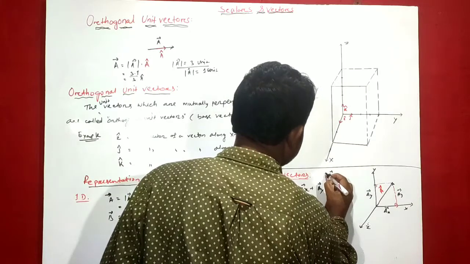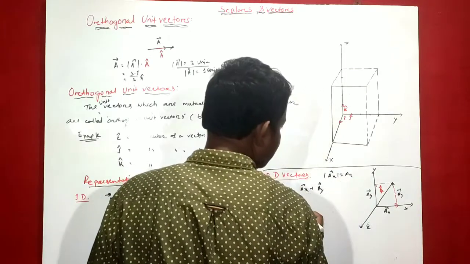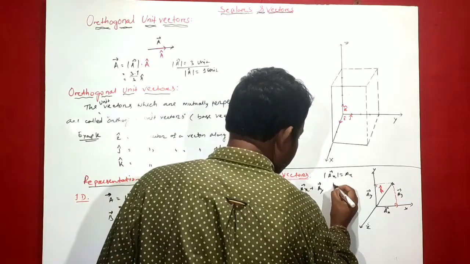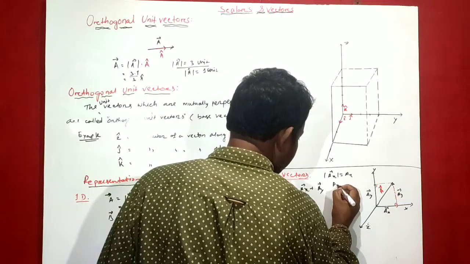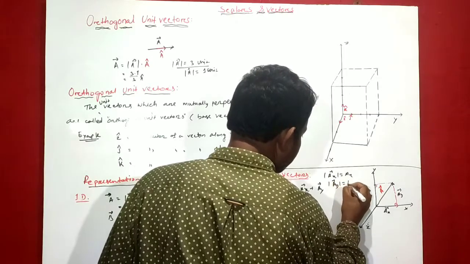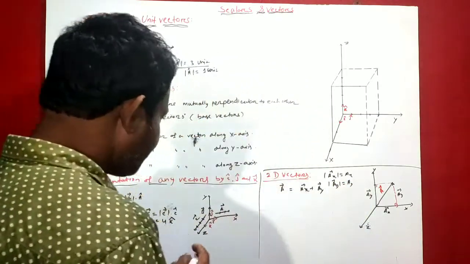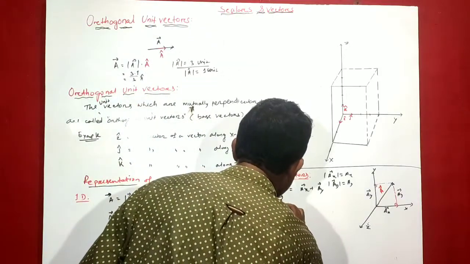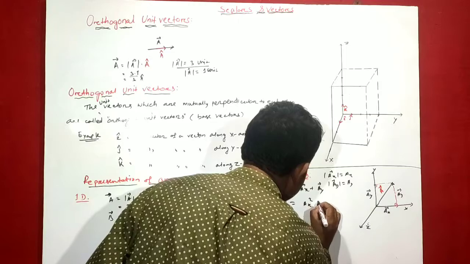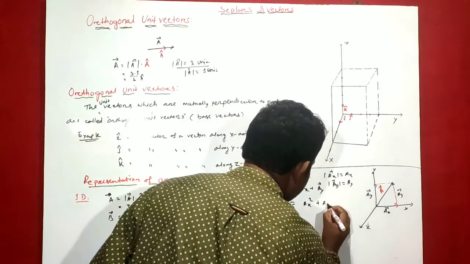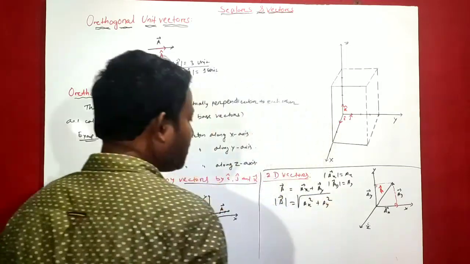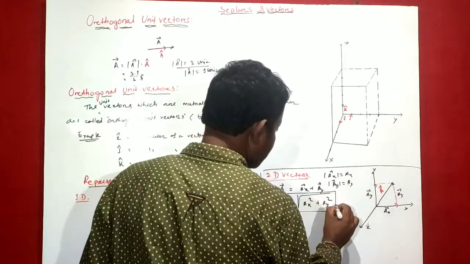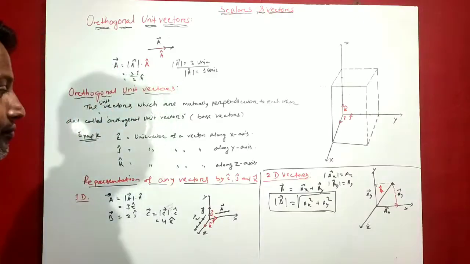Let's say the magnitude of Ax is Ax and the magnitude of Ay is Ay. So the magnitude of A is equal to the square root of the magnitude of Ax square plus the magnitude of Ay square. This is our magnitude.